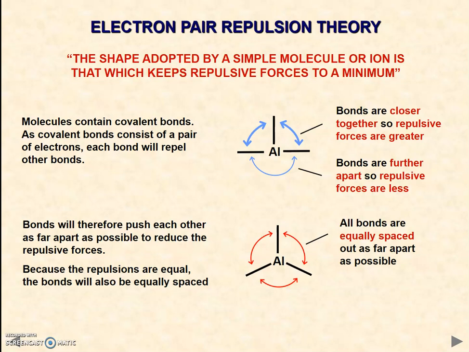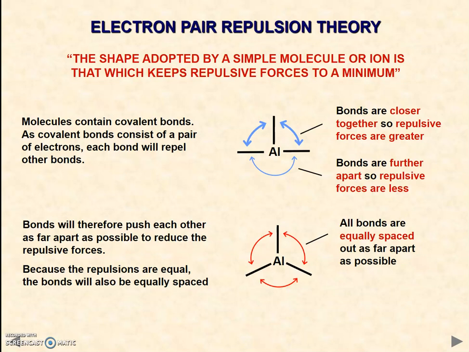So, what is VSEPR? Valence shell refers to outer shell electrons. So we're dealing with the outer shell electrons which are involved in the bonding. And this applies only to simple molecules.